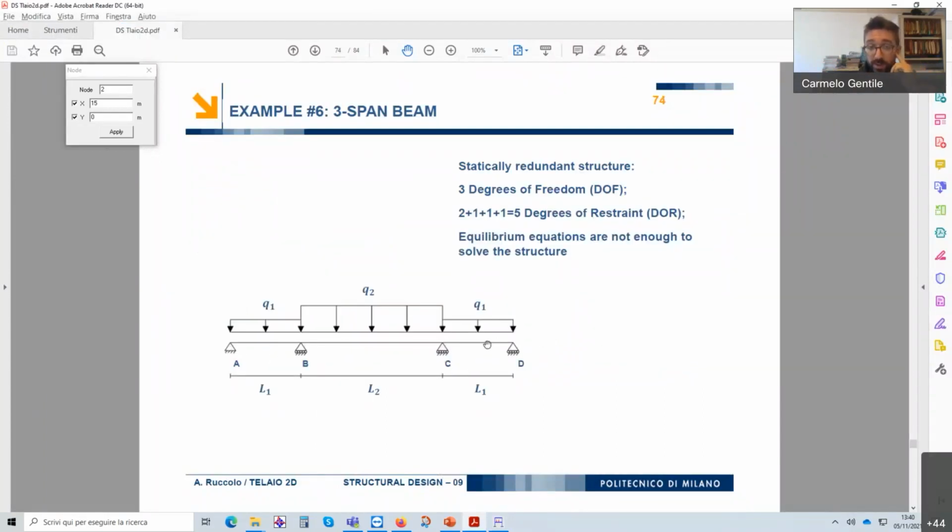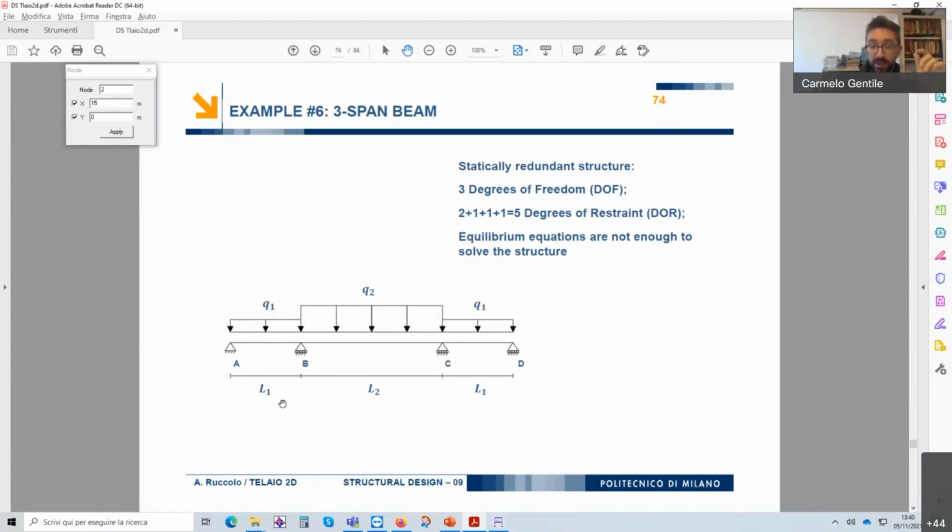So, a continuous beam. Sometimes these beams are much more flexible than the central one, in order to avoid vertical reactions upward in nodes A and B.